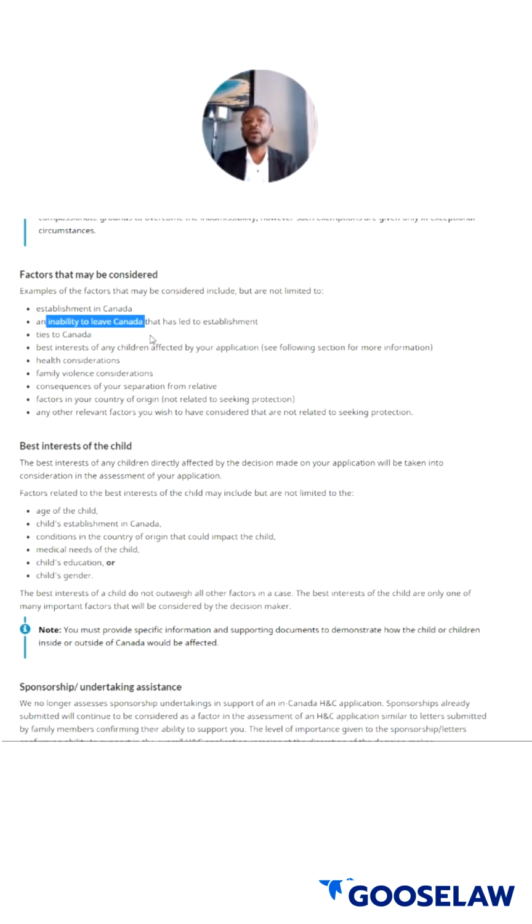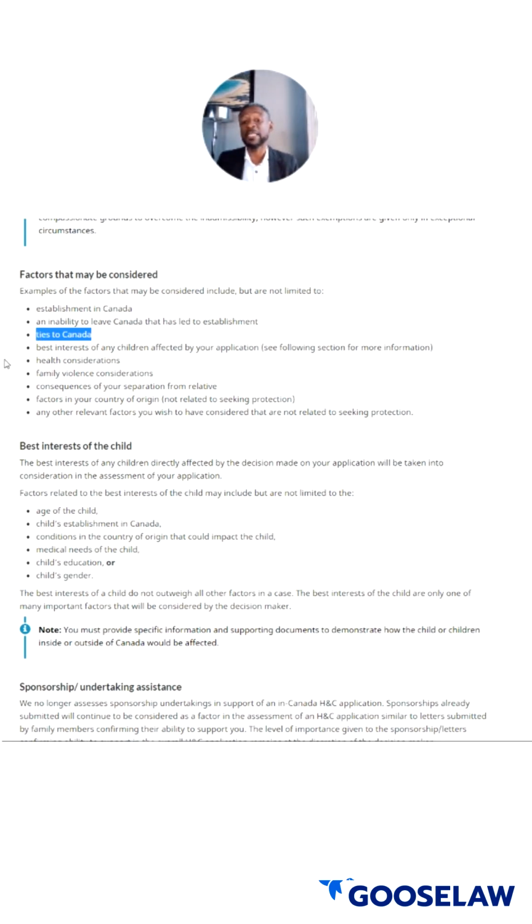So you want to talk about factors like that. Other people may have gotten children while they're here, and that then makes it more difficult for them to leave, and by virtue of that, they then would have created an establishment inside of Canada. And so ties to Canada, that also is connected to establishment in Canada.